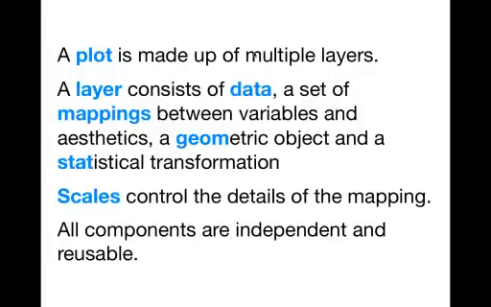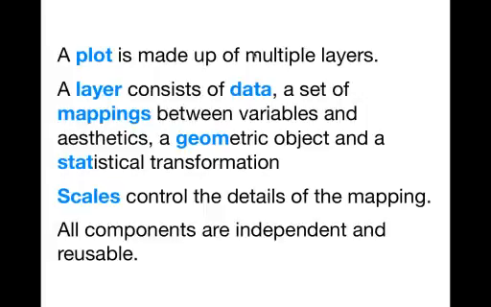So there's a few basic principles behind the theory behind ggplot2 that I want to talk a little bit about. And then I'll show you some examples of some cool ggplot2 graphics from around the web that illustrate these principles. So the first principle is that when you do a plot of data, it's going to be made up of multiple layers. So you might have points, you might have some reference lines, you might have a map in the background, and so on. And each layer is composed of a data set. Of course, that's kind of the most important thing, right? If you don't have any data, you've got nothing to plot. And then a set of mappings.